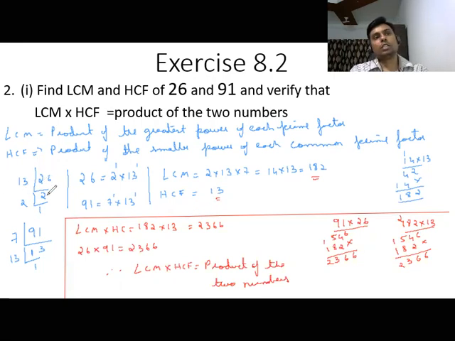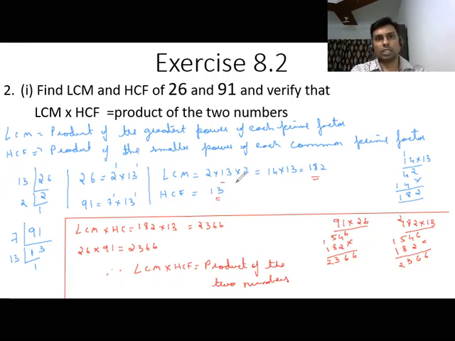So I took 26, 13 2s are 26. So the prime factors for 26 are 2 into 13. And for 91, 7 13s are 91. So 91 can be expressed in the form of prime factors as 7 into 13. Now LCM, take all the terms. Now 13 is common. If 13 is common, take only the greatest power. Both are 1.